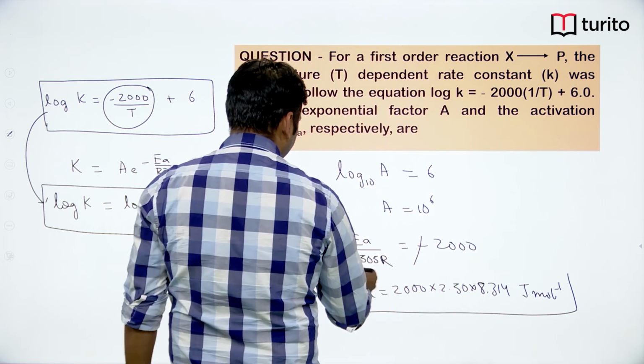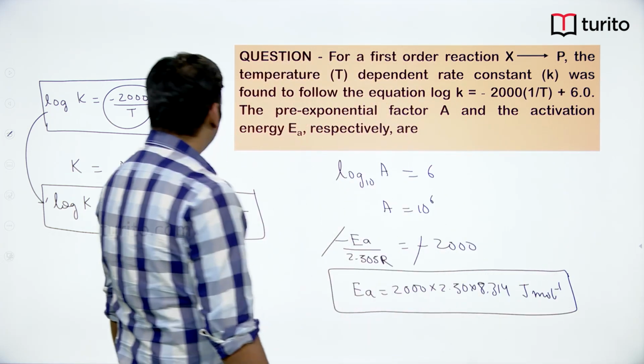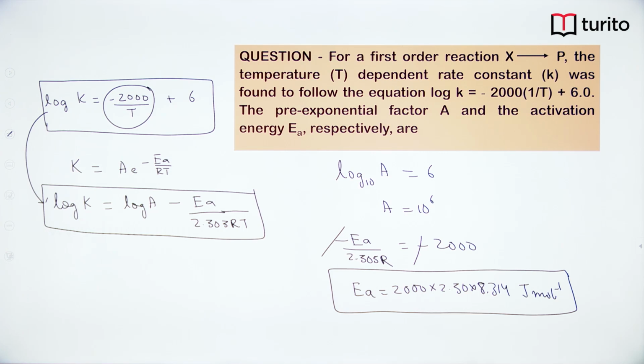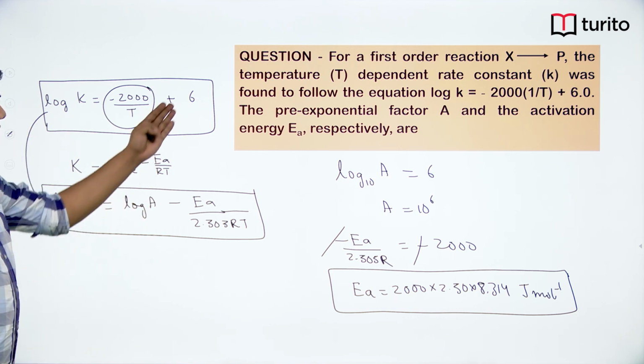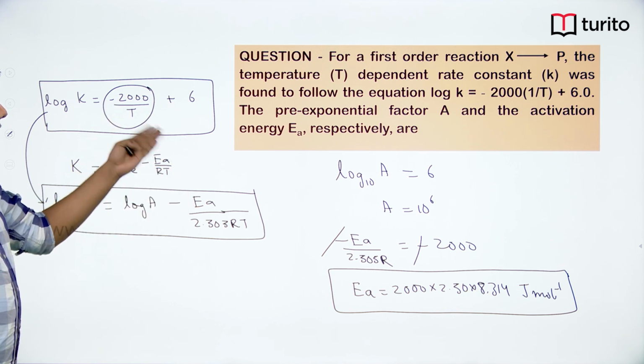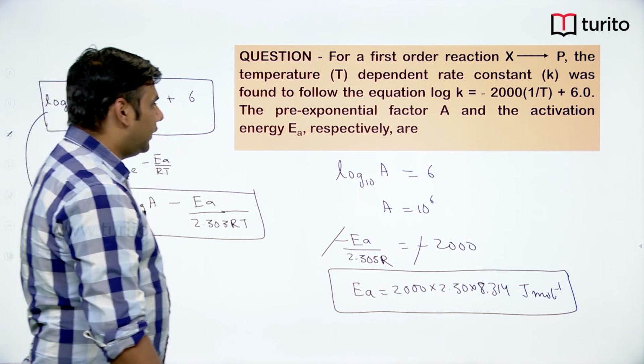I hope you are able to understand this. I can see through this equation that it was of this format, so I have to do the comparison. Log A was equal to 6 and this quantity is equal to this, so we can calculate A as well as EA.